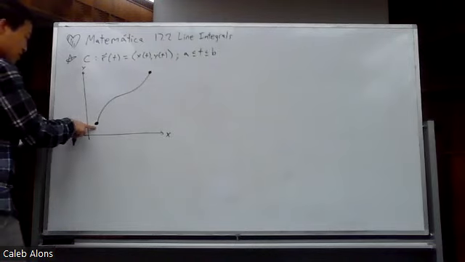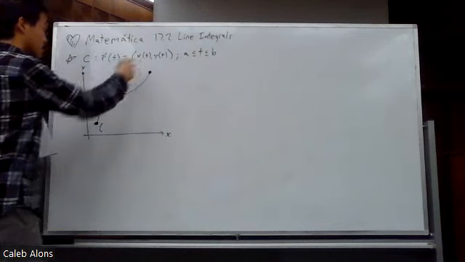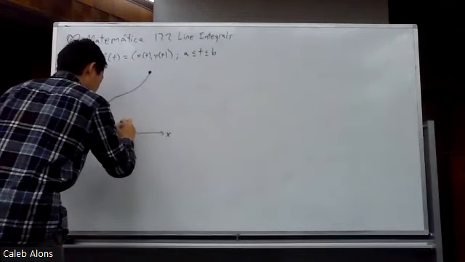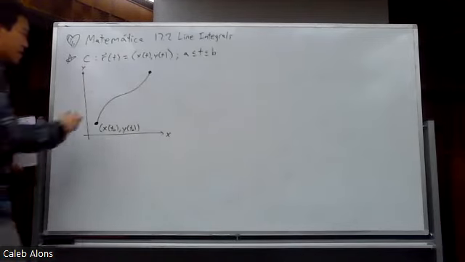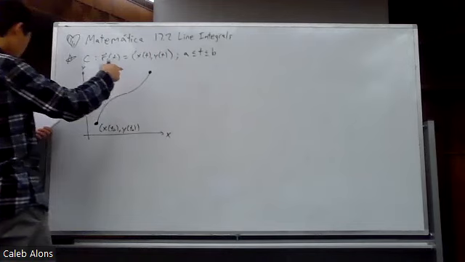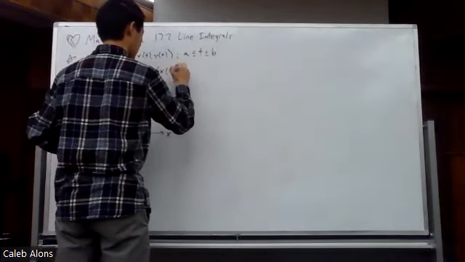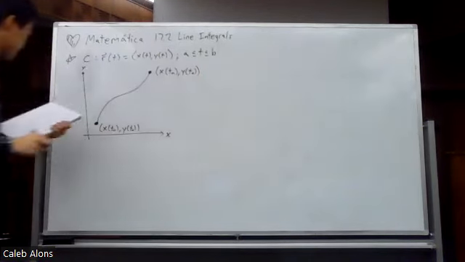So the very first place that it starts is the coordinate of x of t naught, y of t naught. And then it's going to progress and it's going to conclude all the way up at the top with x of tn, y of tn.